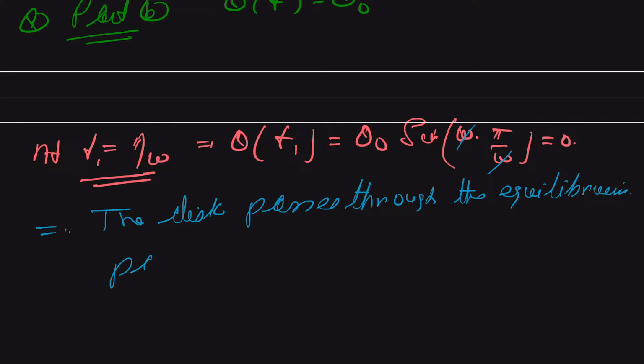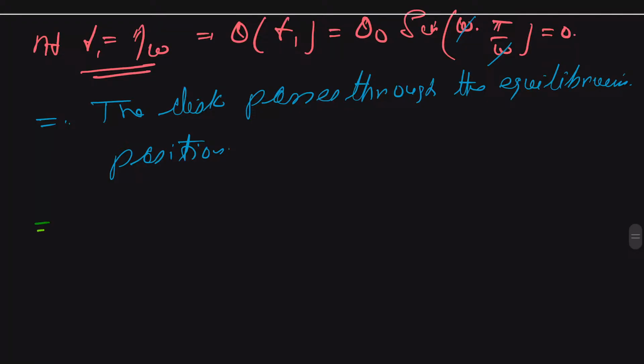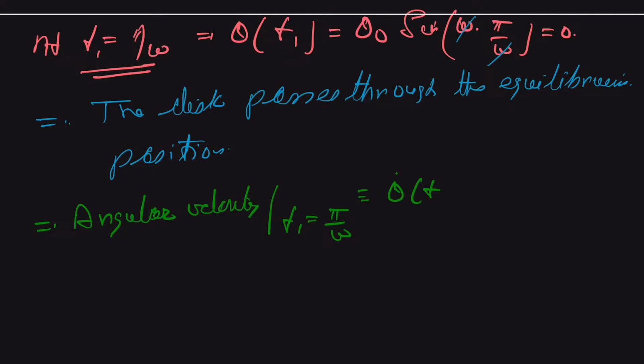And we can find its angular velocity at t1. We simply differentiate it: theta dot will be equal to theta naught omega cos of omega t.